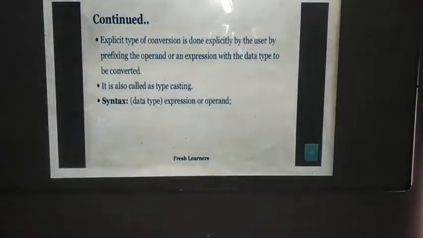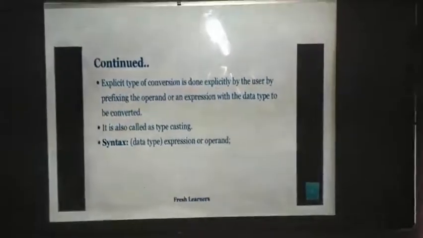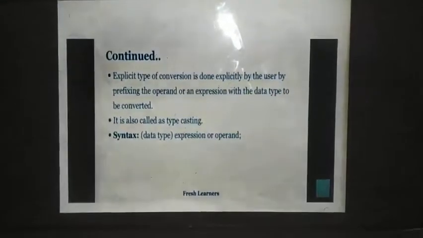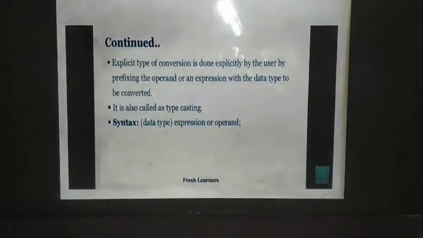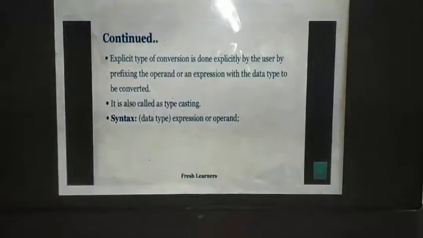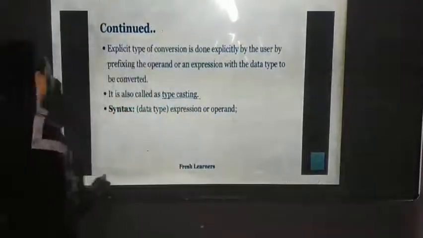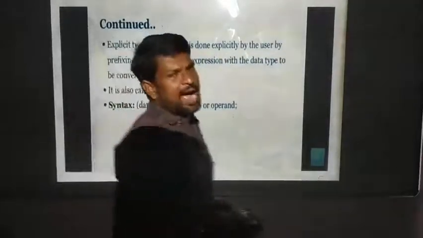Explicit type conversion is done explicitly by the user by prefixing the operand or an expression with the data type to be converted. It is also called typecasting. The syntax is: data type, then the expression or operand.